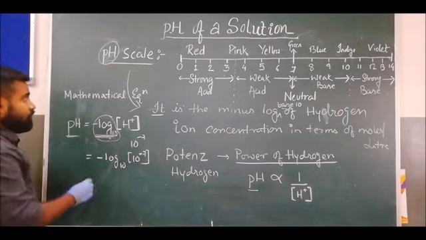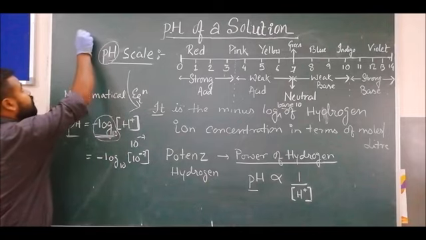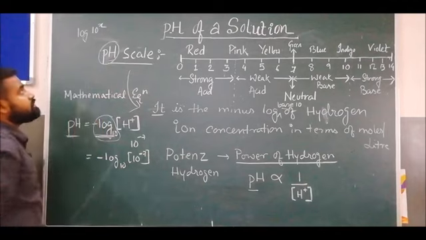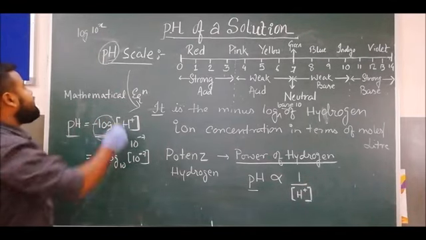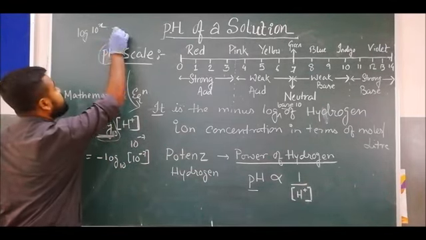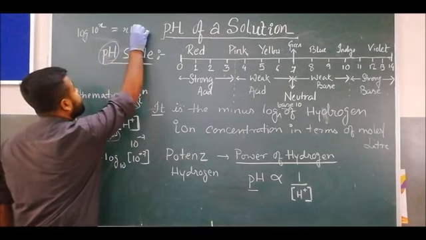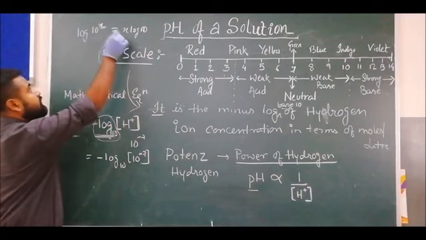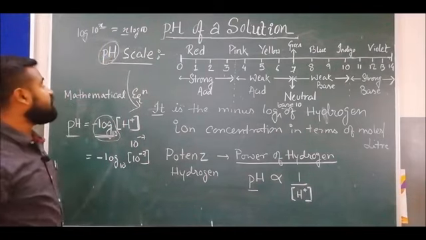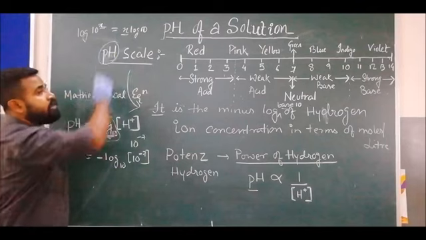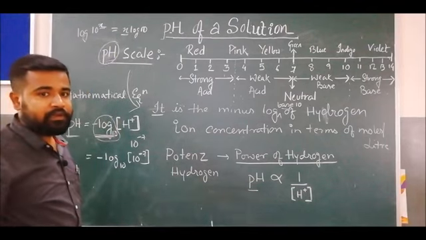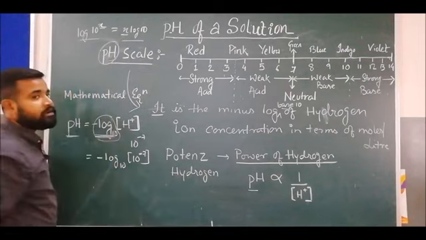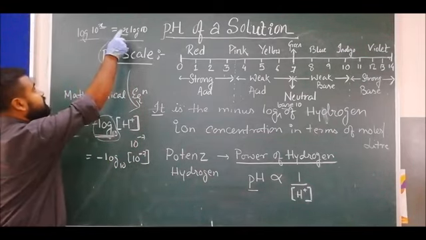Remember, when there is log 10 to the power x, we can write it as x log 10. Whatever its power is, that becomes its coefficient. Clear? So log 10 to the power x can be written as x log 10, meaning its power becomes its coefficient.